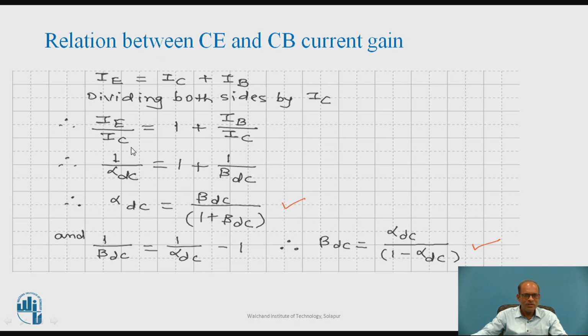Already we know that IC by IE is alpha DC and IC by IB is beta DC. Therefore, IE by IC can be written as 1 upon alpha DC, that is equal to 1 plus 1 upon beta DC.